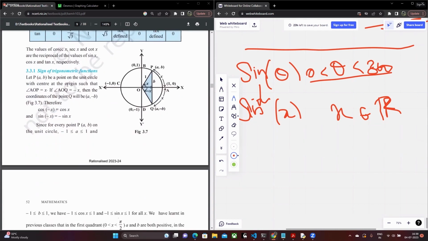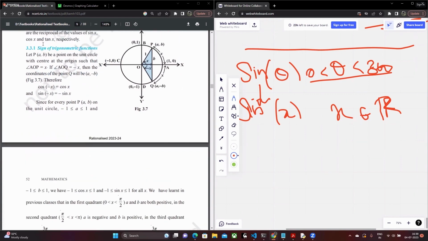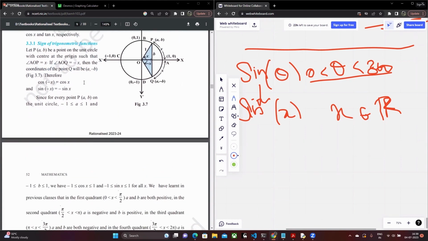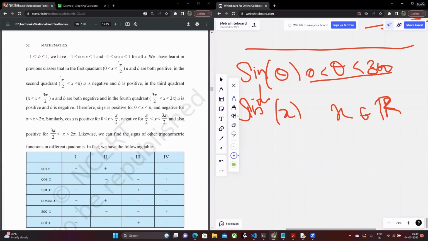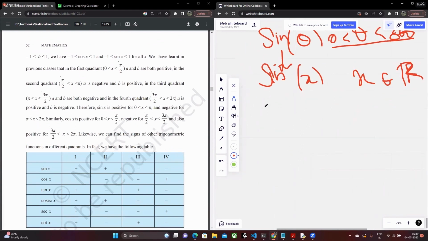There's no difference. Coming to the next part, the signs of the trigonometric functions. How you determine the signs is again the same way, but instead of 90 to 180 degrees, you have pi by 2 less than x less than or equal to pi.